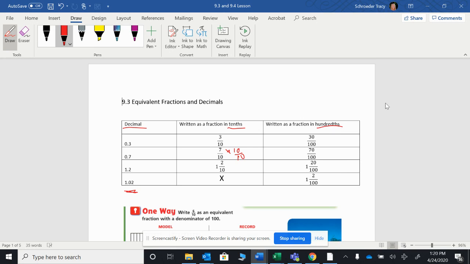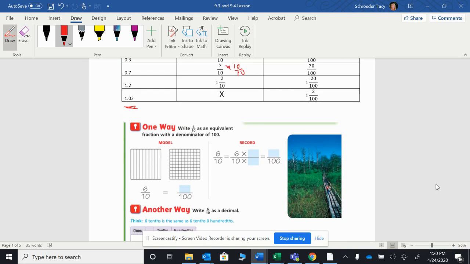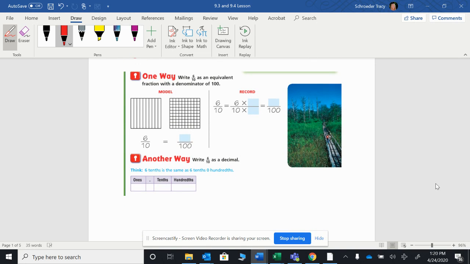So let's see how to do this for 6/10. One way to write 6/10 as an equivalent fraction with a denominator of 100. So when I shade this in, I would shade in 6/10. 4, 5, 6. But if I have it out of hundredths, I'm still shading that same amount. It's just separated into smaller pieces.